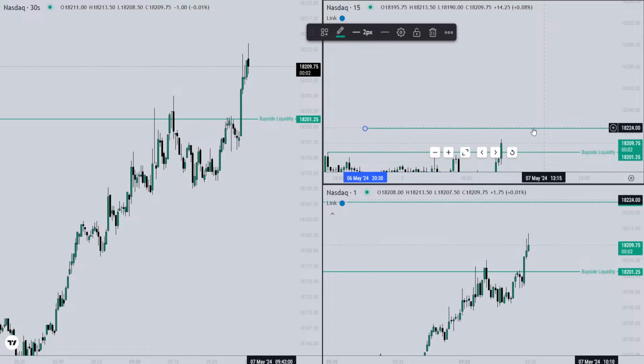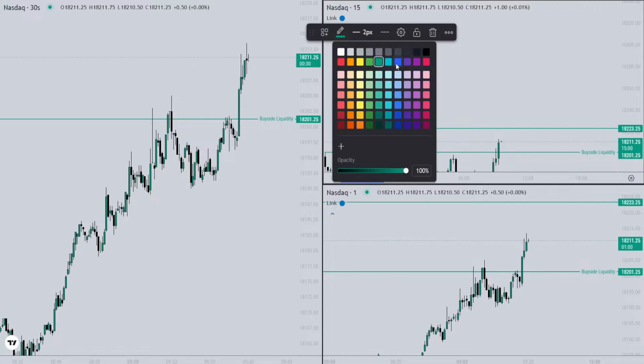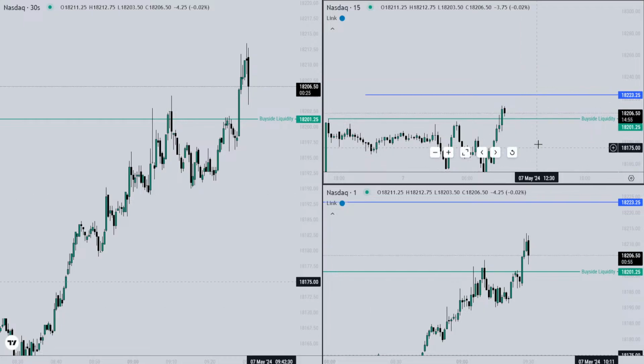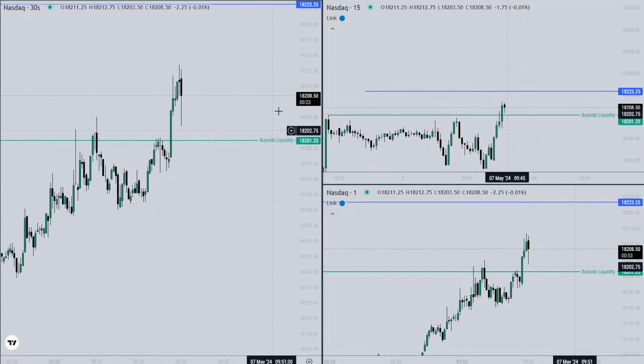So this is the low of the hourly last fair value gap. That line is the low of the hourly last fair value gap. Keep that in your mind.